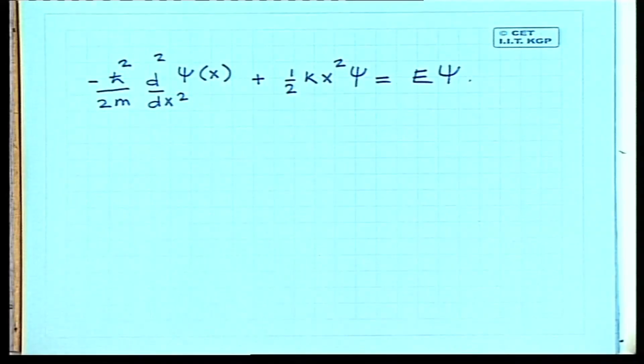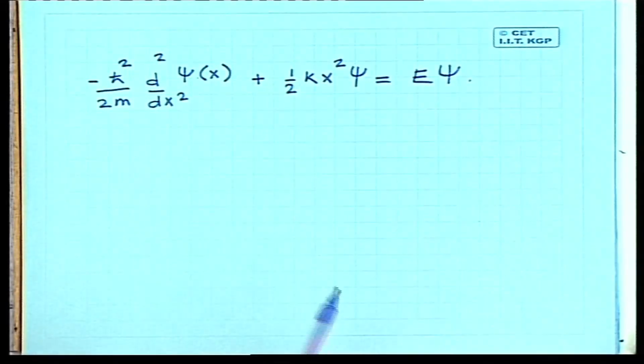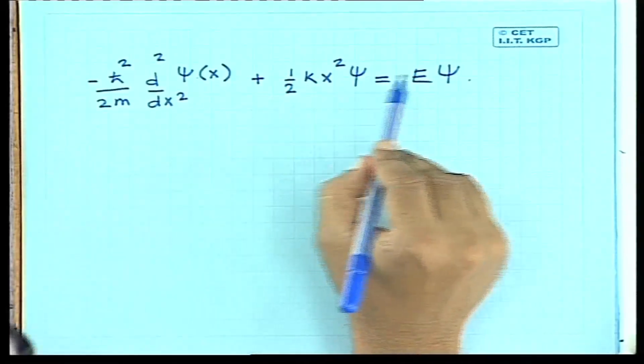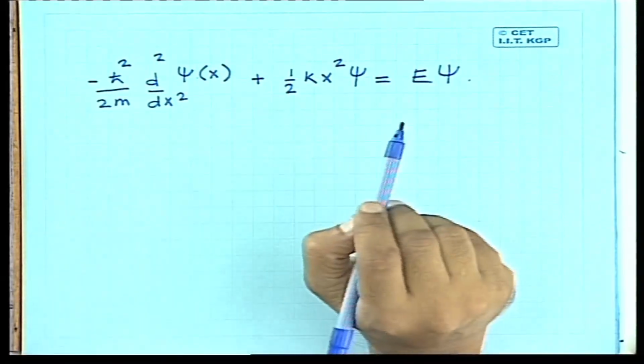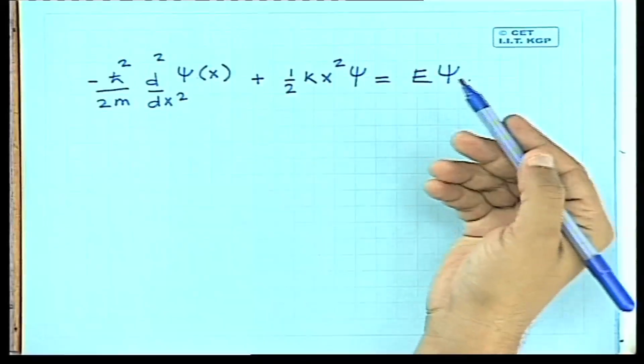So psi is a function of x alone. This is p square acting on psi, plus the potential half kx square acting on psi, is equal to the energy times psi. So we have to solve this for different values of energy.